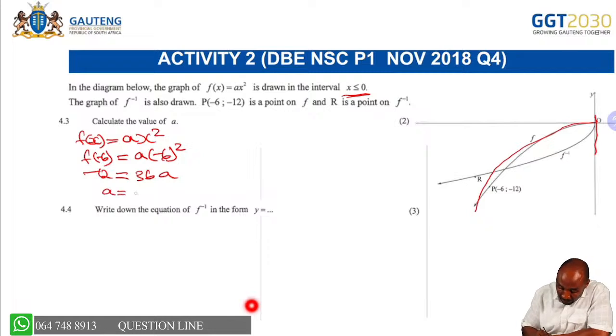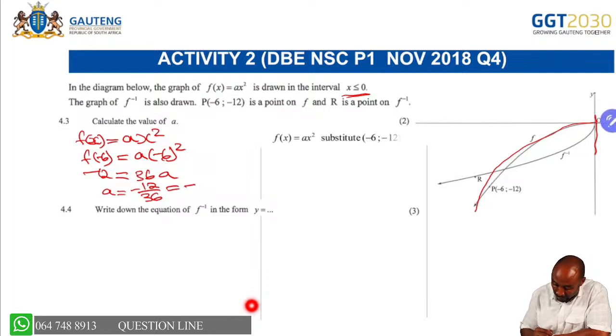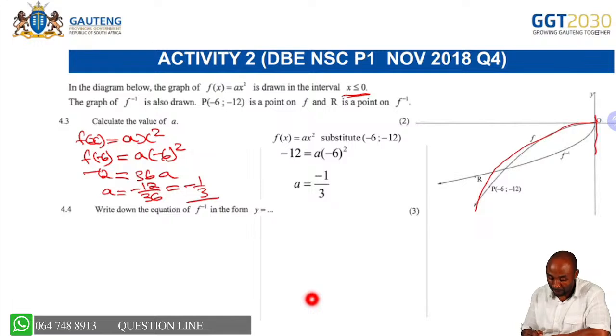Our a becomes -12 over 36, and this will be equal to -1/3 when we simplify. That's the value of a.